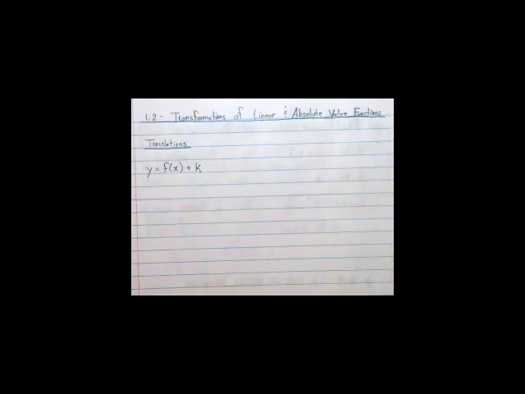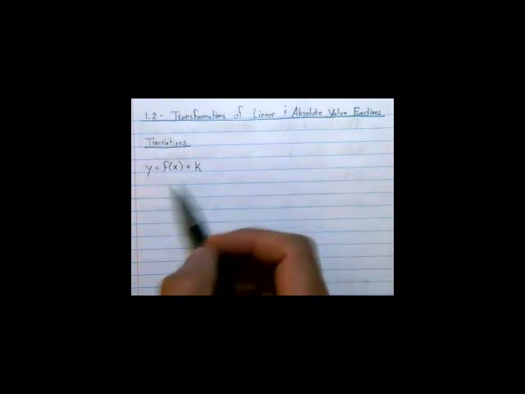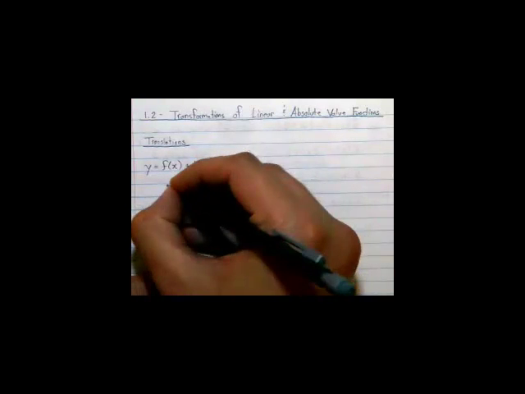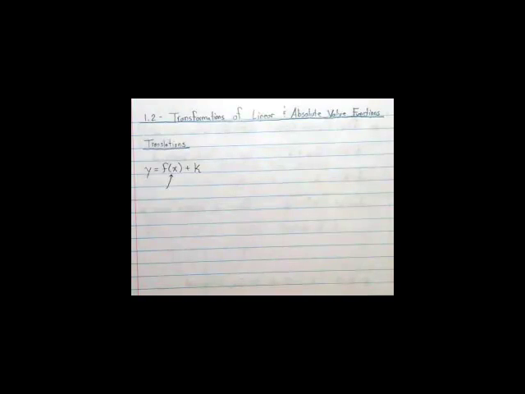Okay, so translation. So if we have y equals f of x plus k, I'm writing this in a different way. Yesterday we just used a bunch of examples to kind of get the ball rolling. With this one, basically this would be the old function, whatever it is. I'm just calling it f of x right now, but it could be anything.